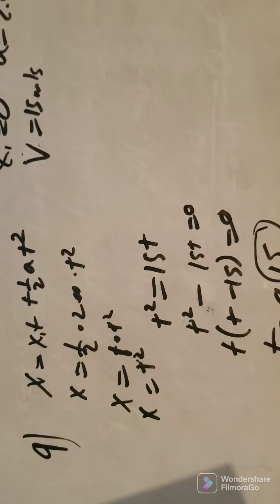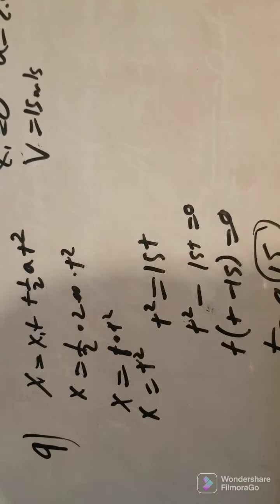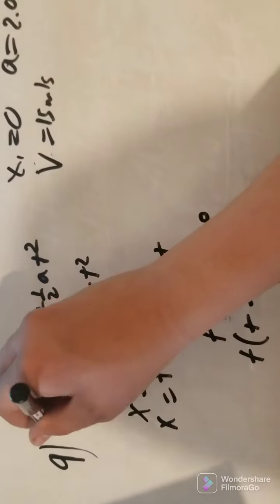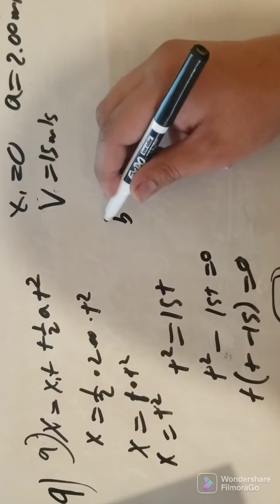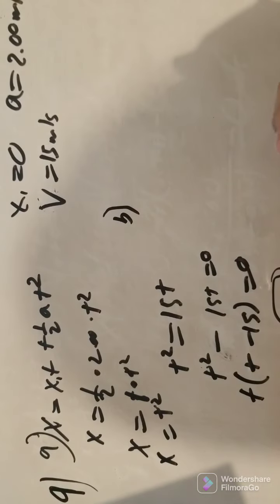So 15 is where the car passes our truck, or catches up to it. Then we find the distance beyond the traffic light where the car passes the truck.